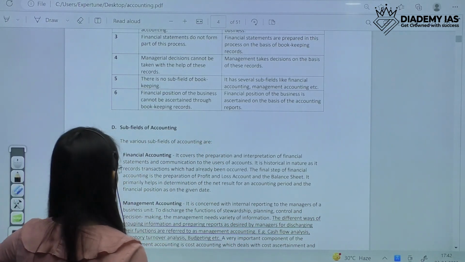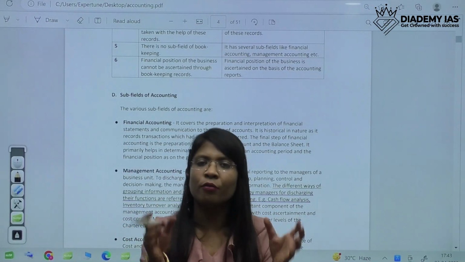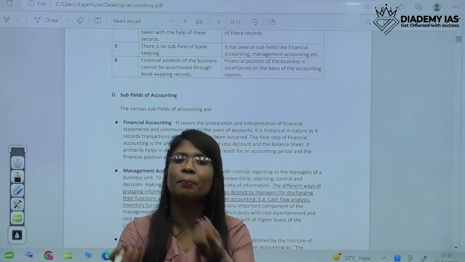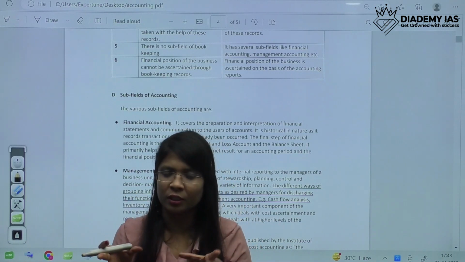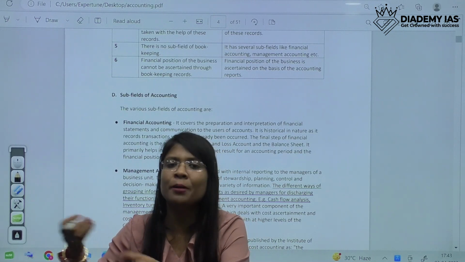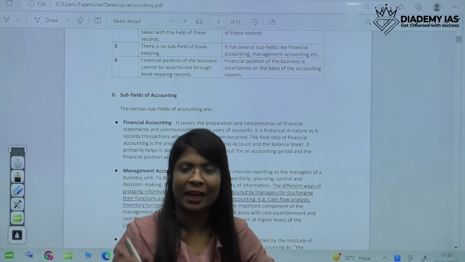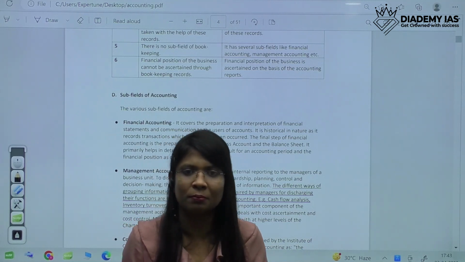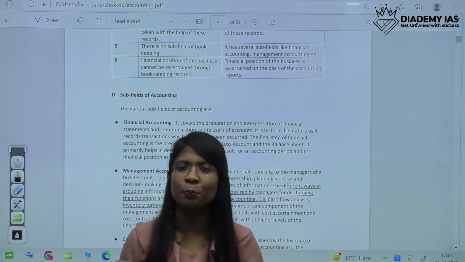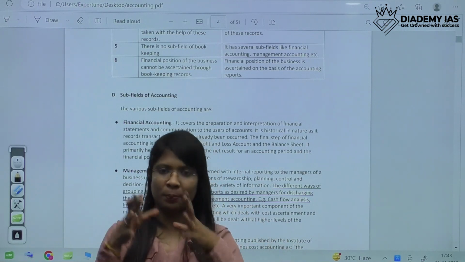Second is management accounting. In management accounting, we need to prepare certain reports so that our managers can derive meaning and understand the position.